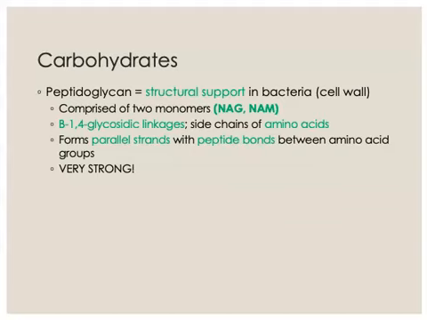And what happens is peptide bonds will form, joining the amino acid side chains together. And in other words, joining the parallel strands together. So unlike what we saw in cellulose and chitin, where hydrogen bonds held the parallel strands together, in peptidoglycan, it's actually covalent peptide bonds that do this. This makes peptidoglycan very, very strong.